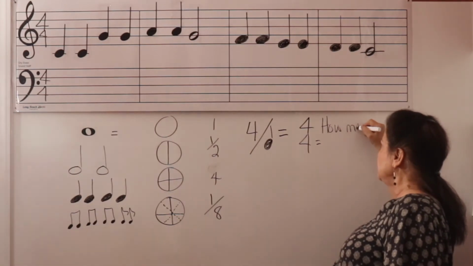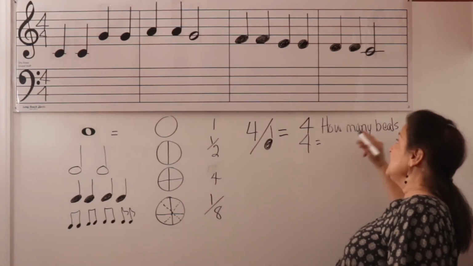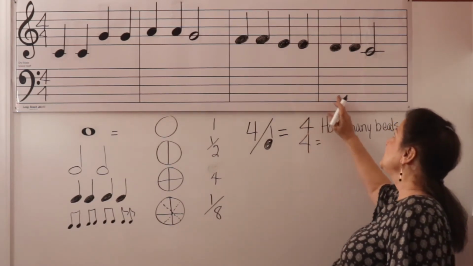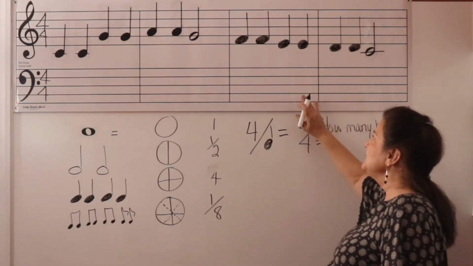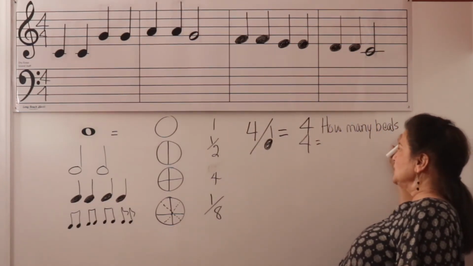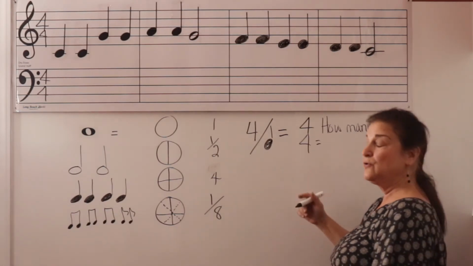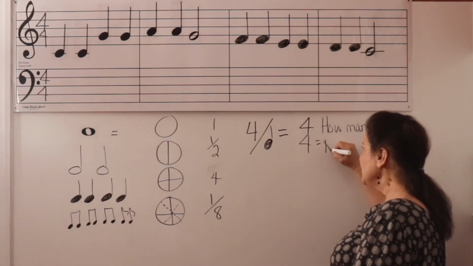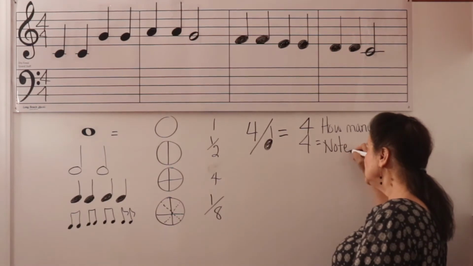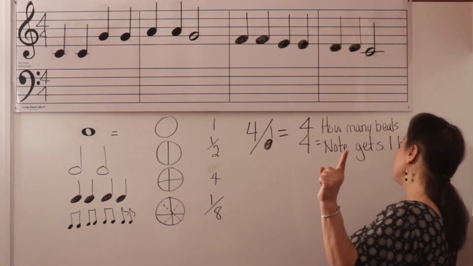How many beats in a measure? And remember, we talked about the measure being in between the two bar lines. So how many beats in a measure? And then the bottom number is what kind of note value, what kind of note gets 1 beat.